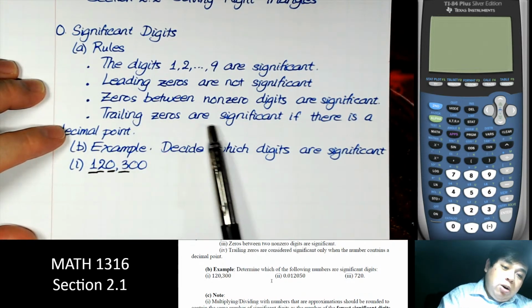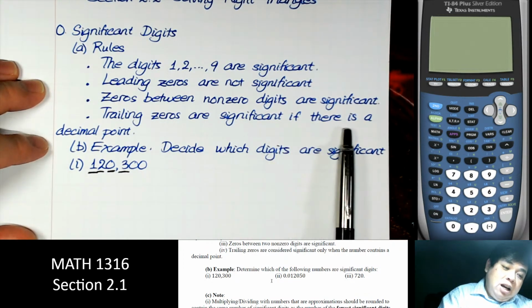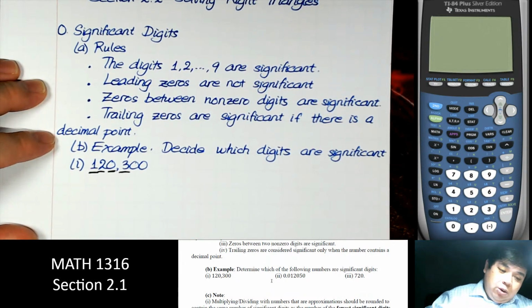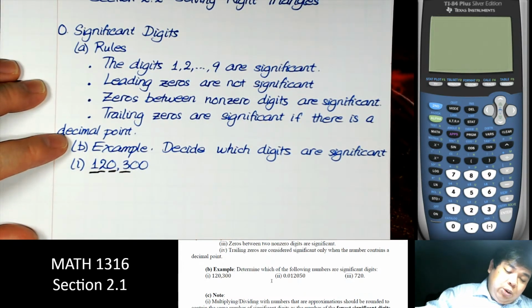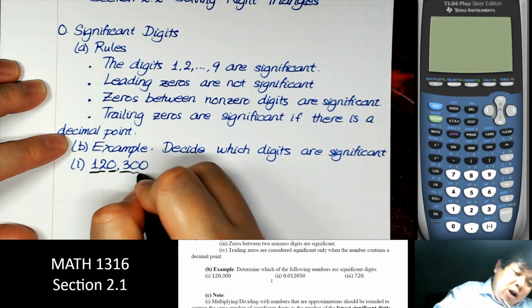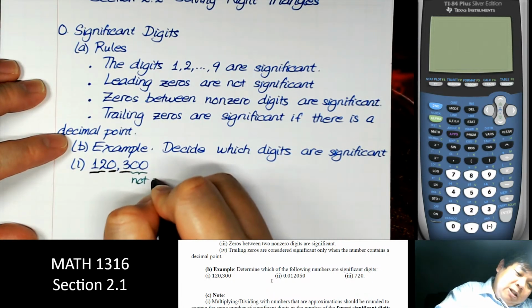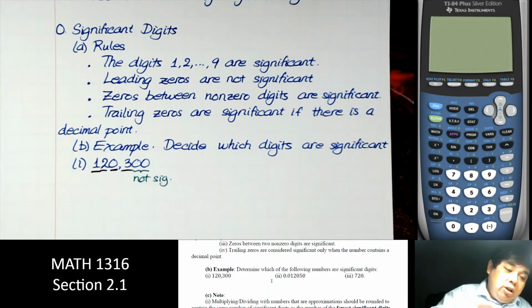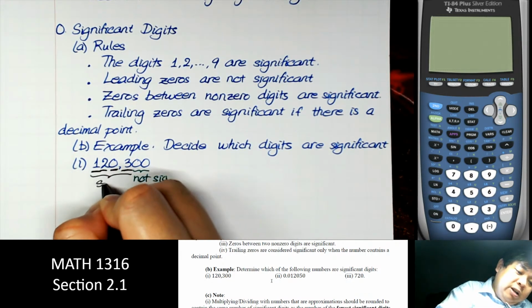The trailing zeros are significant only if there is a decimal point. There's no decimal point here, so these two are not significant, because those are trailing zeros. Those 4 are significant.